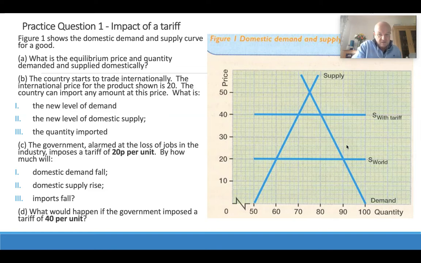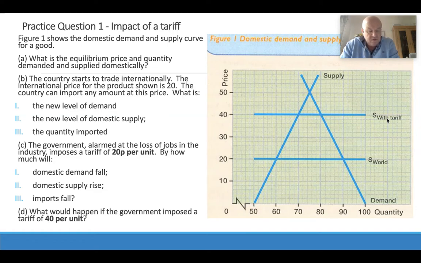So in this instance we've got our drawing of a market. The market is showing that we've got supply and demand at a certain level, we've got supply at the world price, and then the supply with the tariff added. Let's take a look at how we might arrive at answering these questions.